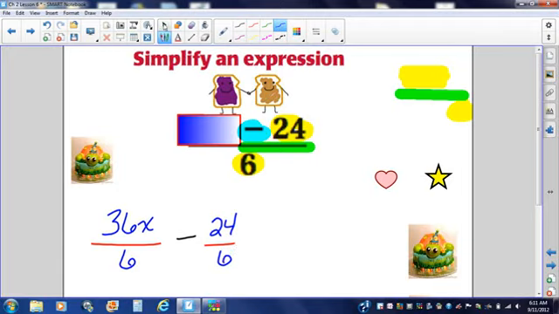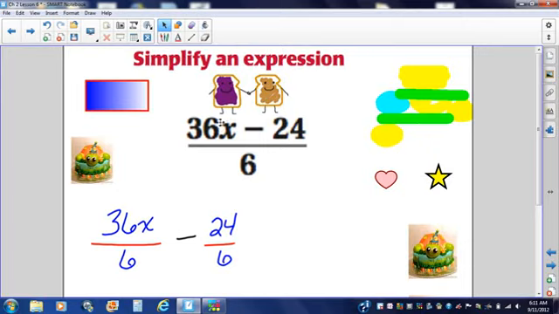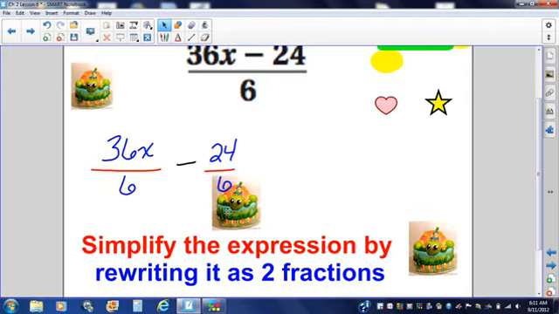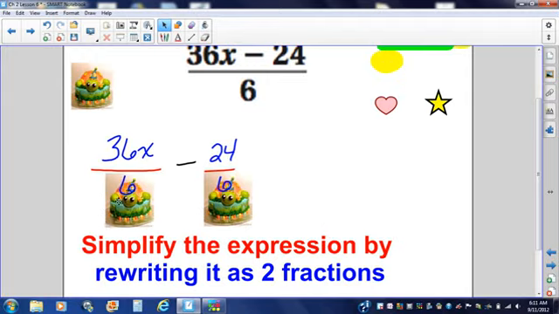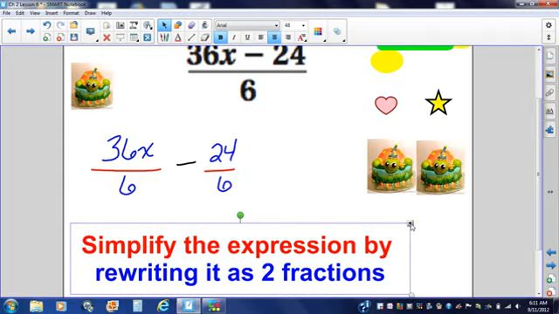So all I did was rewrite the expression as two fractions. Here I had one big fraction, and I just split it up into two smaller fractions. Now they're happy because they both have their own piece of cake. Now what am I going to do? I am going to simplify it.